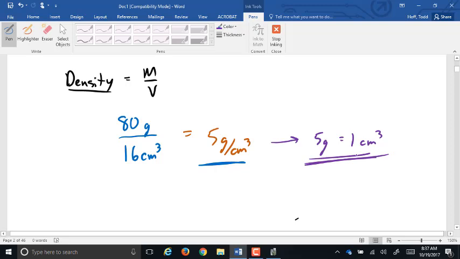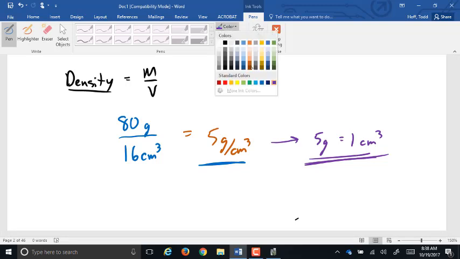Just like saying there's 12 inches per foot. That's 12 inches is equal to 1 foot. Same type of thing.